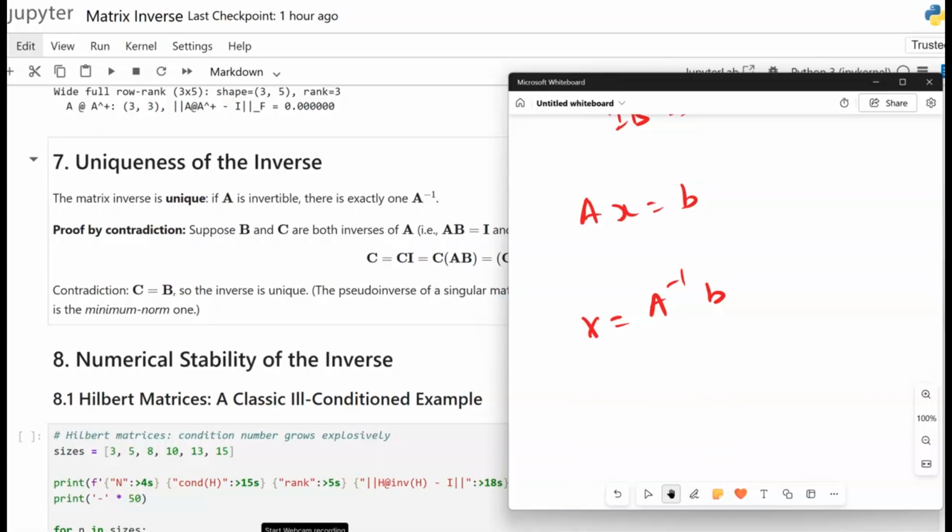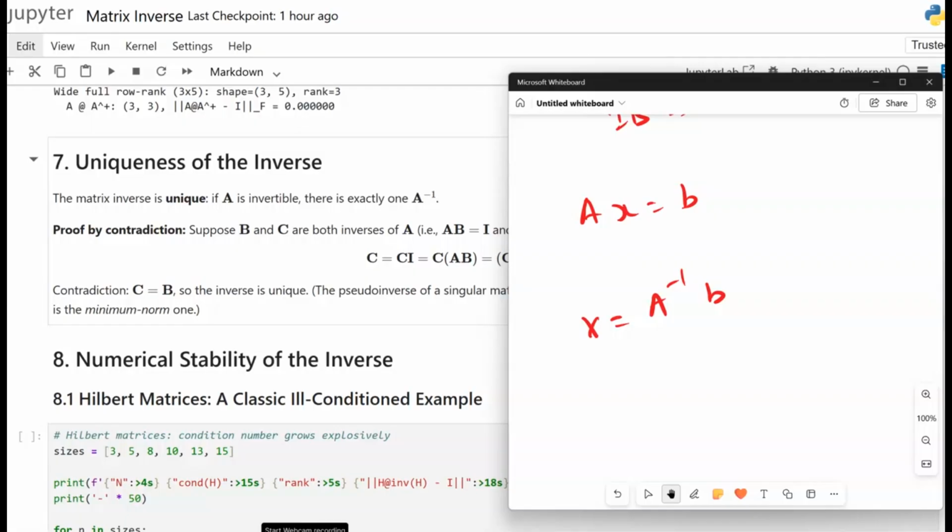There is only one inverse, which means there is only one transformation that exactly reverses the effect of A. This makes inverse-based computation reliable in linear regression, computer vision, graphics transformations, robotics, signal processing, and scientific computing.